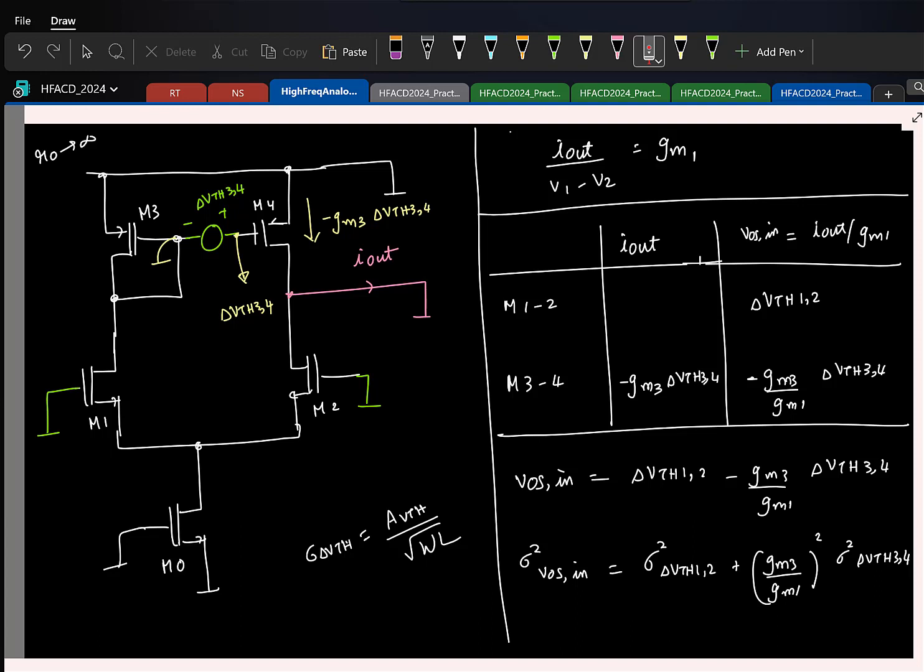If you reduce GM3 for a given current, as you know, the overdrive voltage increases. And that should also make sense, because if you had a smaller overdrive, say 100 millivolts, a 50 millivolt change in your threshold voltage results in a lot of variation in your effective overdrive. But if your overdrive was larger, say 500 millivolts, 50 millivolt change in threshold is nothing.